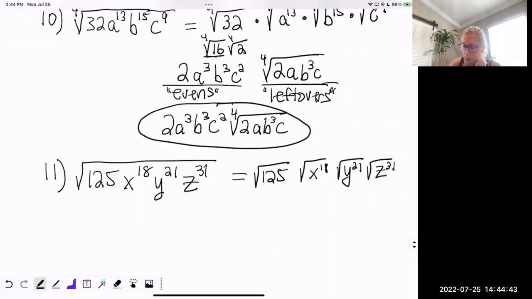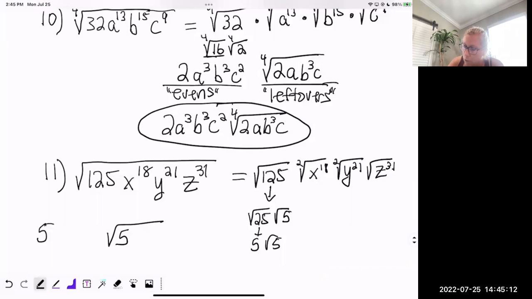But okay, there is no perfect square for 125. So I can break that down. Again, I see money, so I think 25 times 5. So this would be my quote even, and this would be my leftover. So 5 and 5, even, leftover.